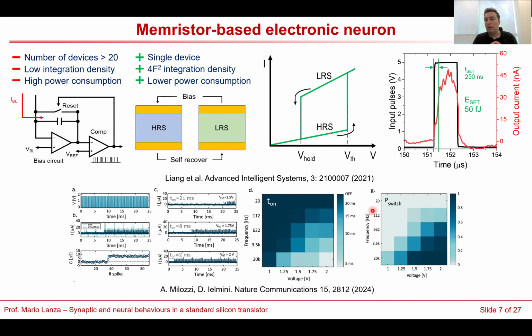So to try to reduce the energy and the footprint of each neuron in this spiking neural network, the community has been investigating different types of electronic devices over the past few years. One of them is called the memristor. The memristor typically is a device that has a metal-insulator-metal structure.